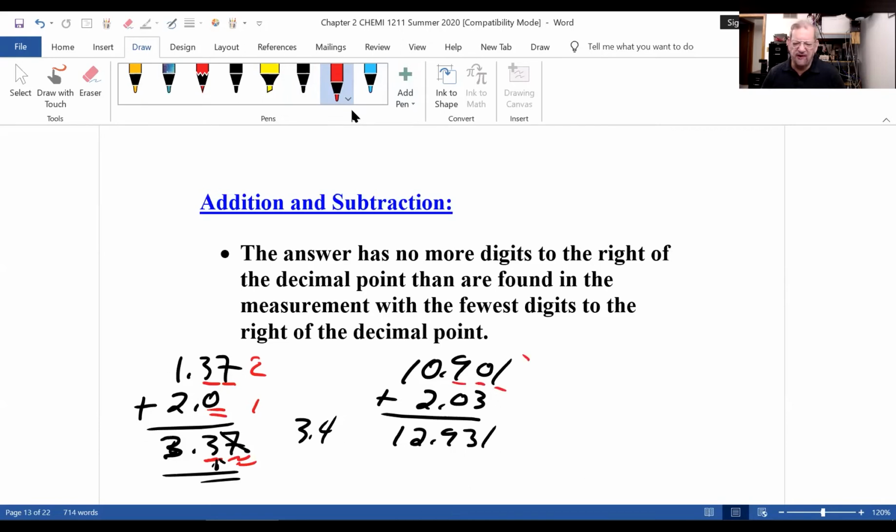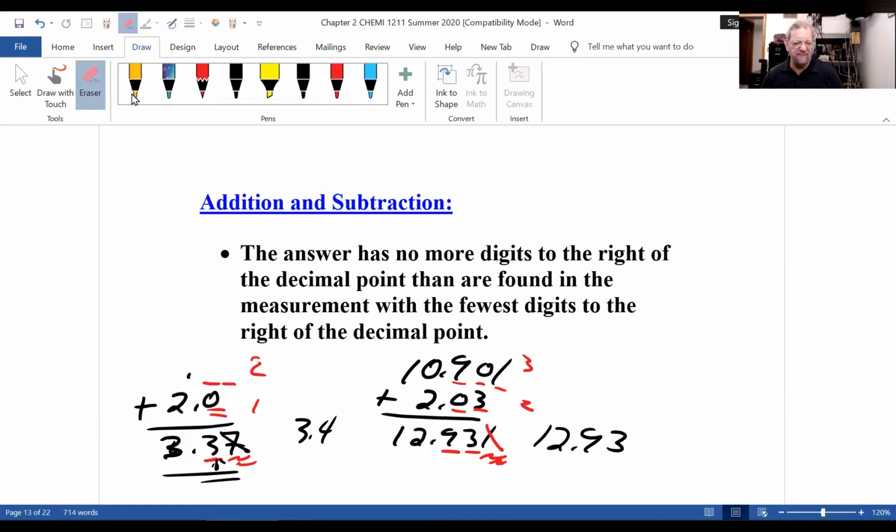This has 3. This has 2. Which is a smaller number? Hopefully you pick 2. So you round this off to 2 past the decimal. Keep this, use that to round off. That is 4 or less, so I'm going to drop it. Using significant figures, the correct answer would be this. Let me give you one to try.